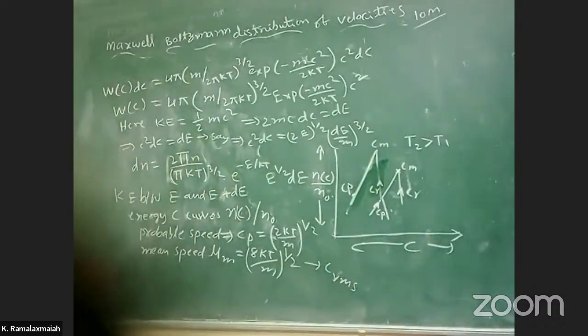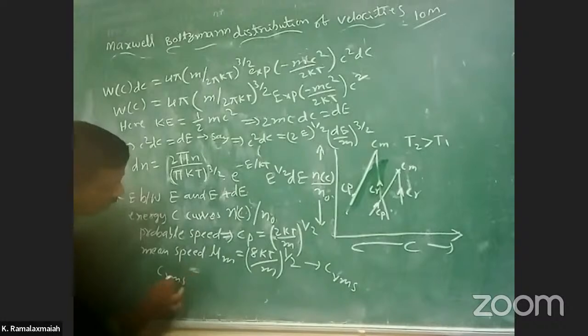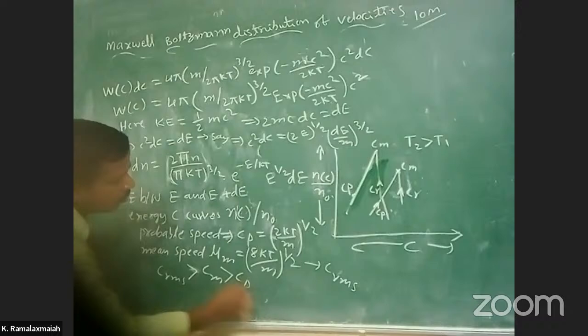The RMS speed CRMS is given by (3kT by m) power of 1 by 2. Observe that CRMS is greater than CM, greater than CP.